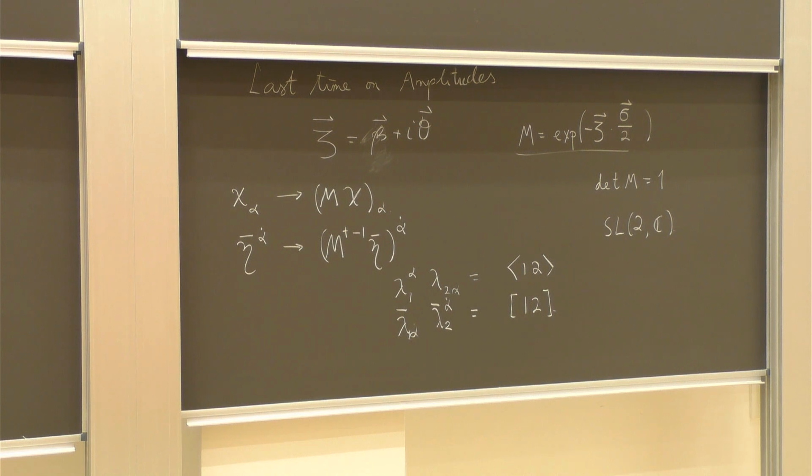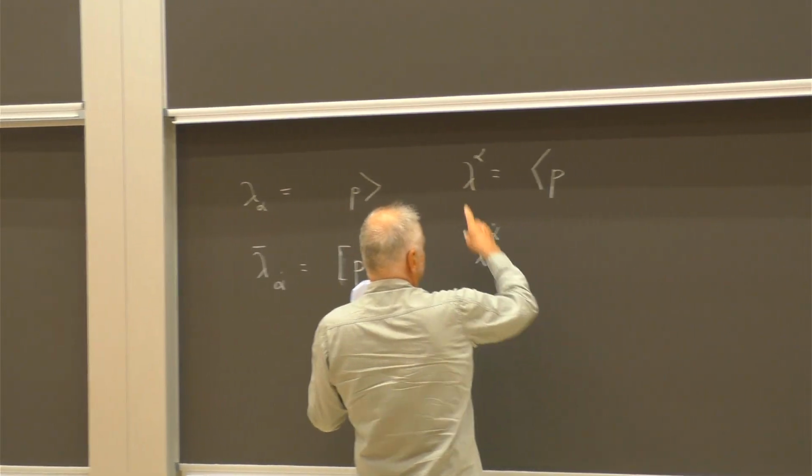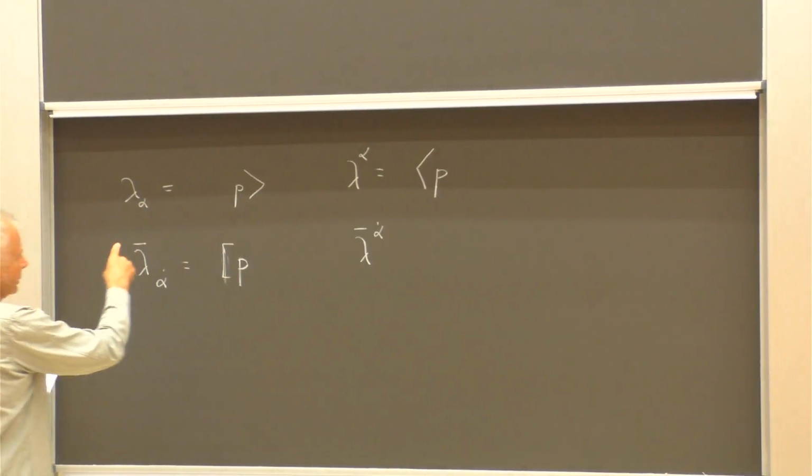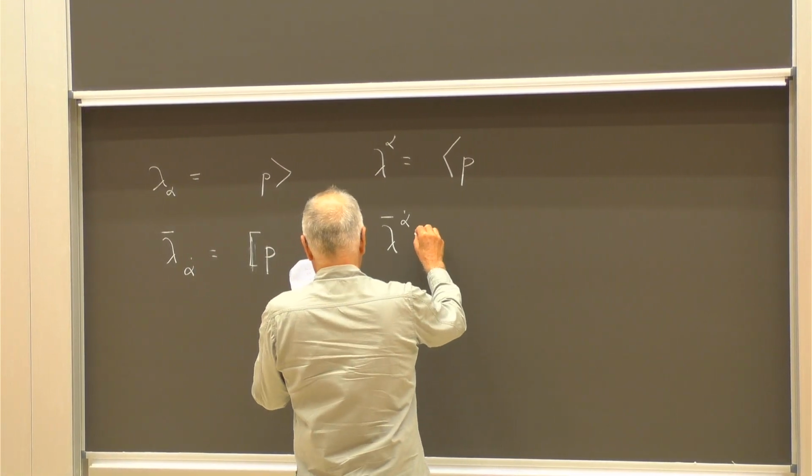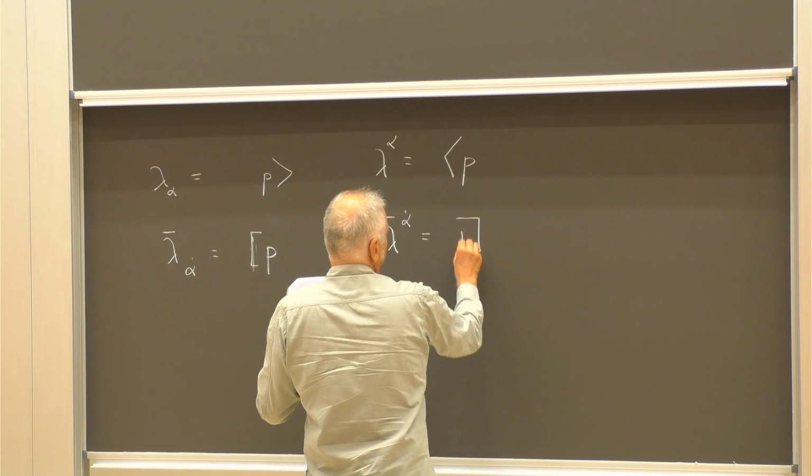And lambda with upper index is obtained, as I explained before, by raising and lowering with the 2 by 2 antisymmetric Levi-Civita symbol.